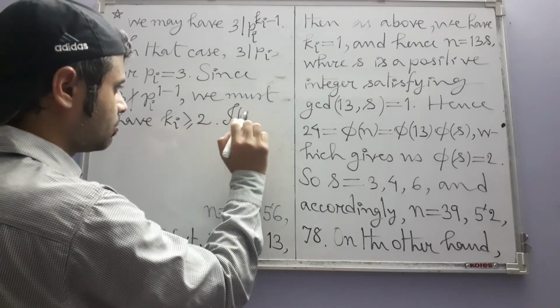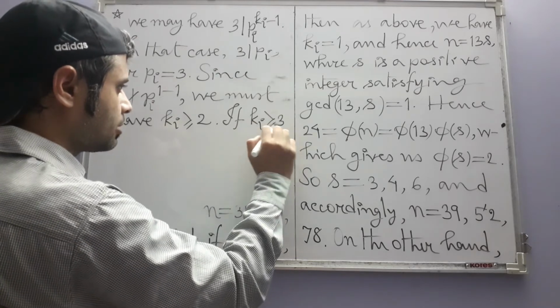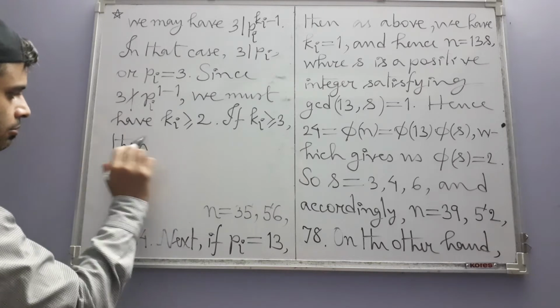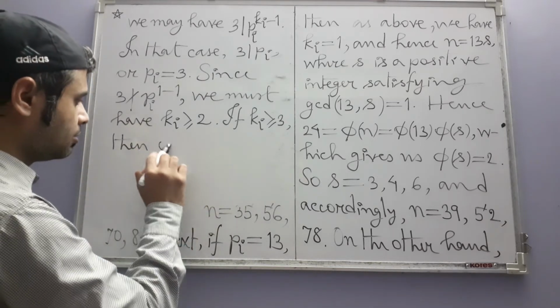If ki is greater than or equal to 3, then again we take the help of the phi value of pi to the power ki.